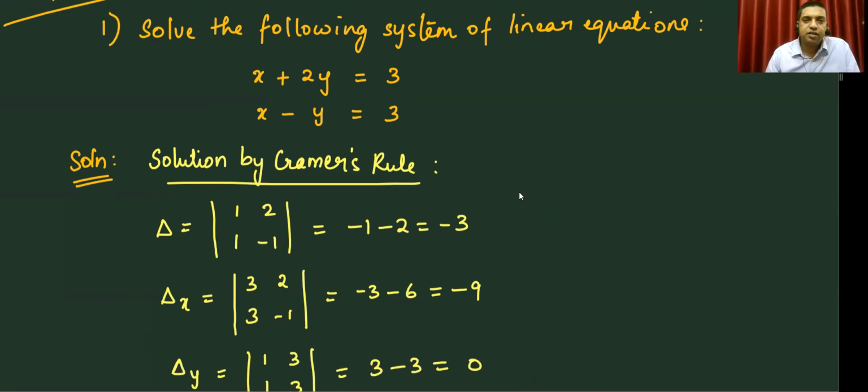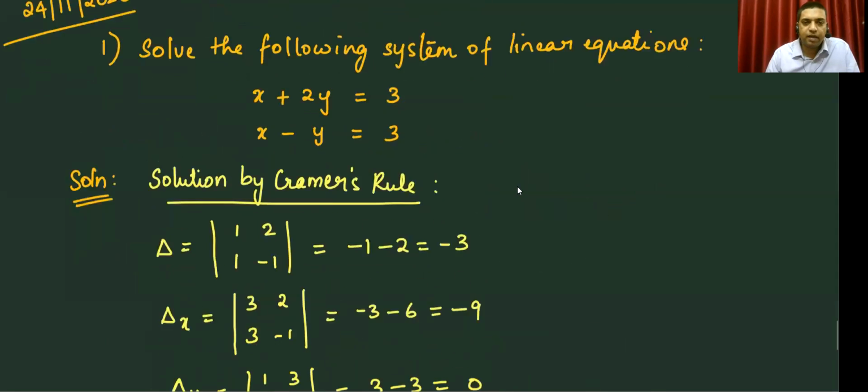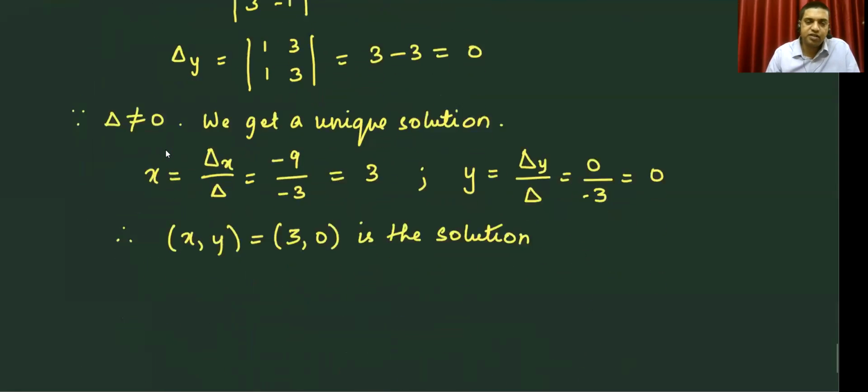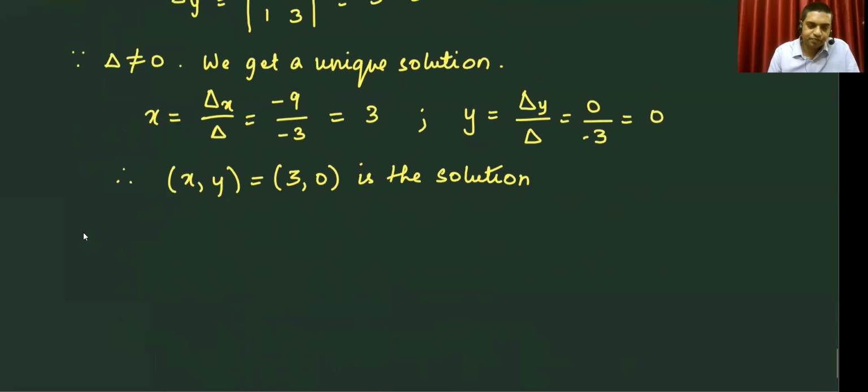This is the solution by Cramer's rule. This is method 1, very simple. Just for illustration, I took this very simple problem. Method 2 is the solution by matrix inversion.